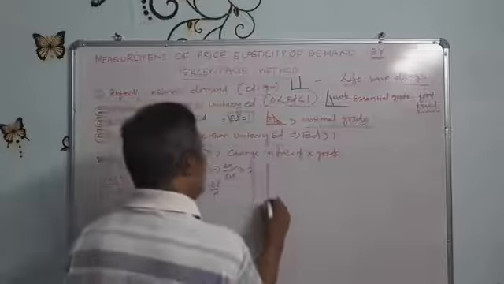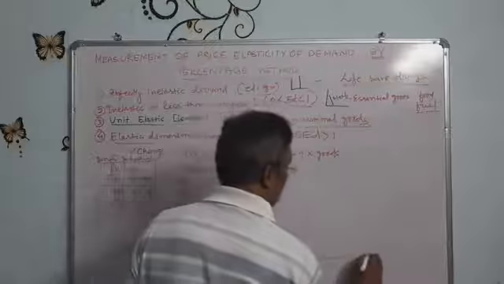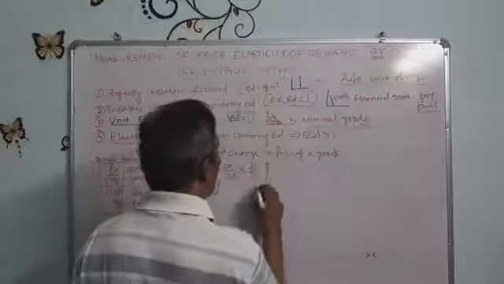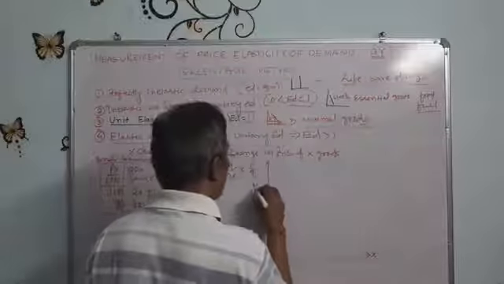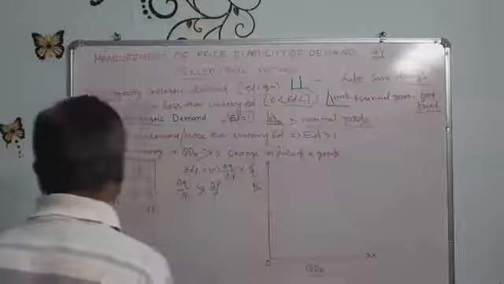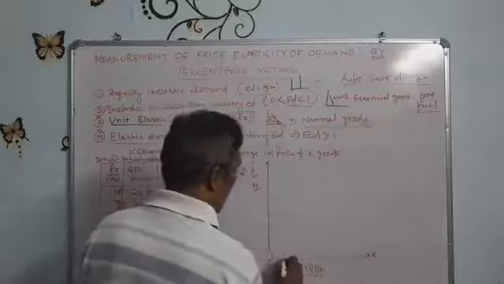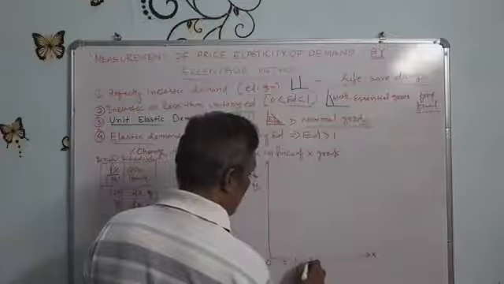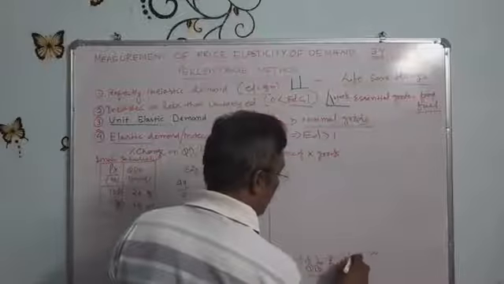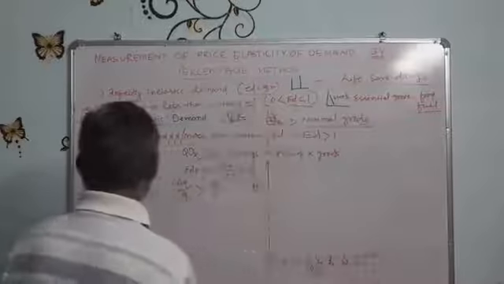See the diagram. OX, OY. This is the price of X goods. This is the quantity of demand of X goods. 5, 10, 15, 20, 25, 30, 35 like this.